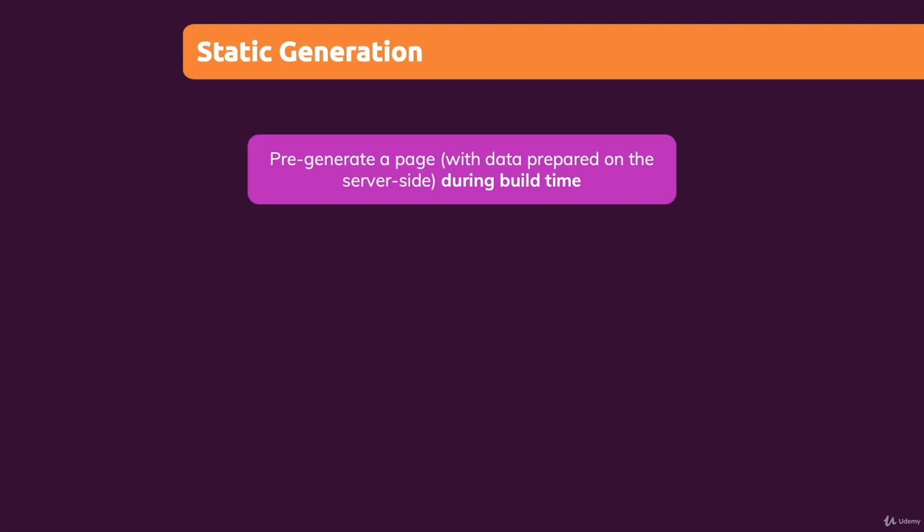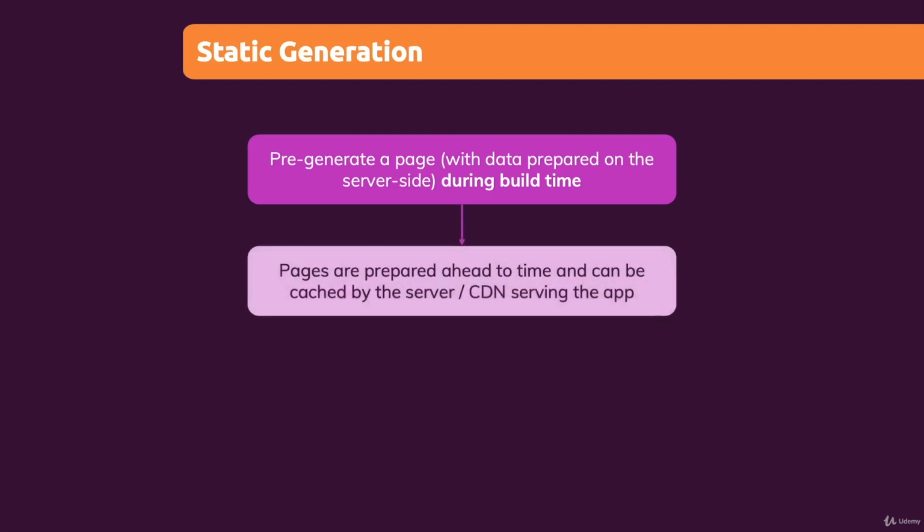Now, because pages are pre-built during build time, once you deploy them, they can be cached by the server, by the CDN that might be serving your app, and therefore incoming requests can be served instantly with those pre-built pages.